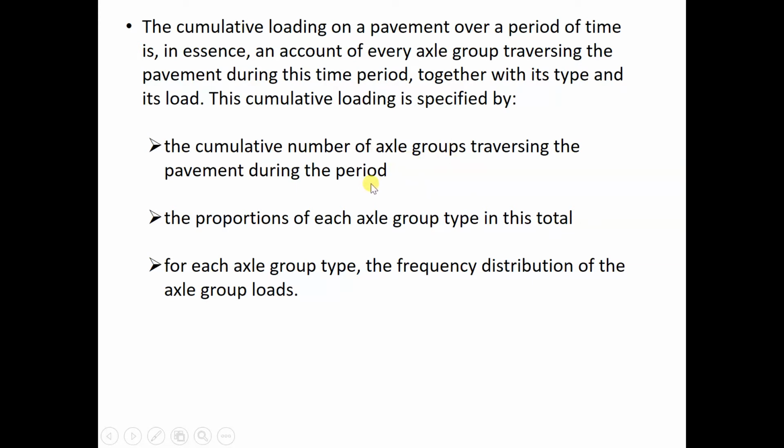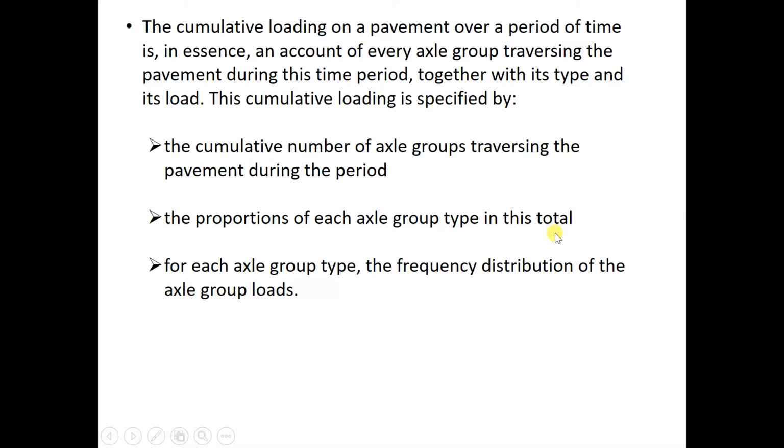Okay, so the proportion of each axle group type in this total. You have the tandem axle, how many percent is that? If you have the triaxle, how many percent is the triaxle?